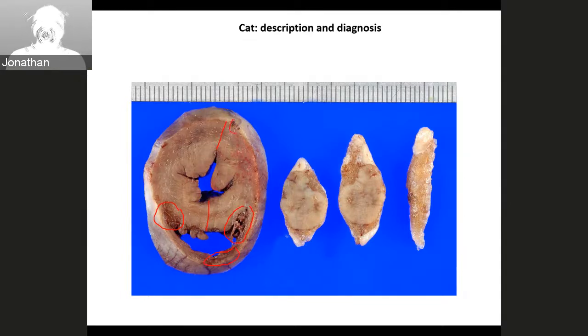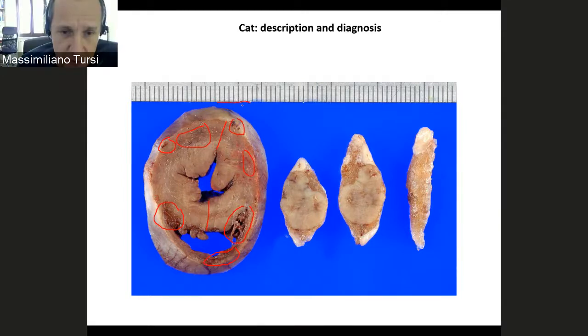Here. On the right. Yeah, artifact. But I think that more or less we are at 5 to 7 millimeters in thickness. Actually, it is a very mild to moderate hypertrophy.